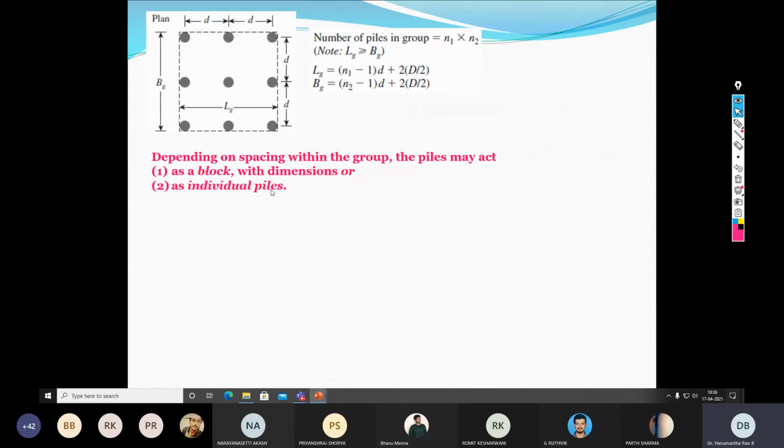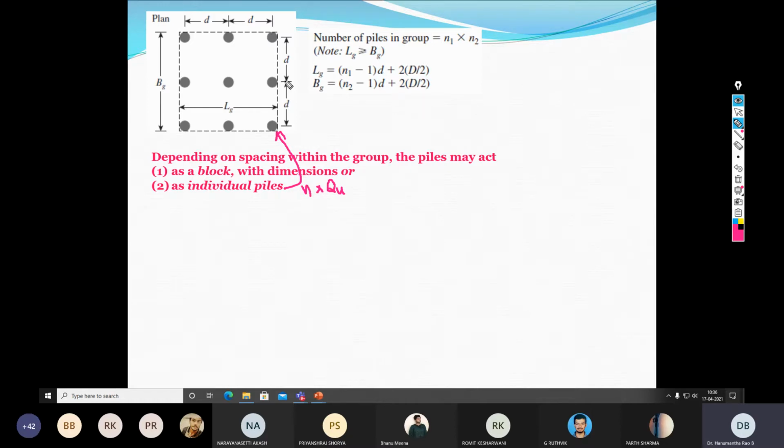Or as individual piles, meaning any single circle. So here there are 9 individual piles. So individual piles means 9 multiplied by the individual pile capacity. As a block means the entire Lg by Bg acting as a single pile. That's the meaning of a block.